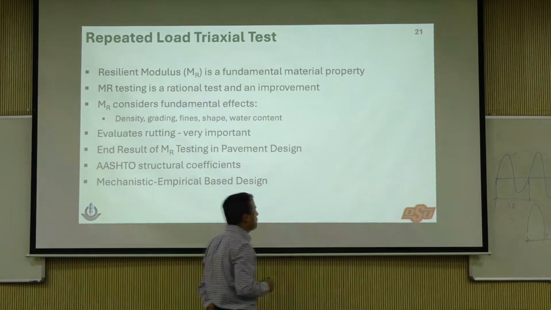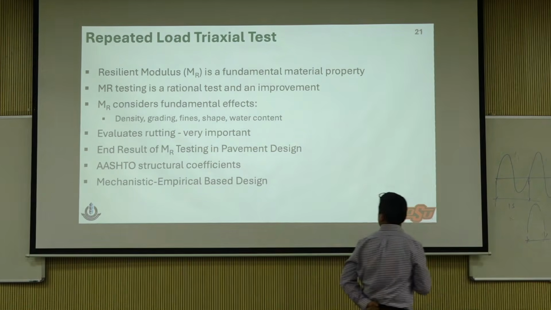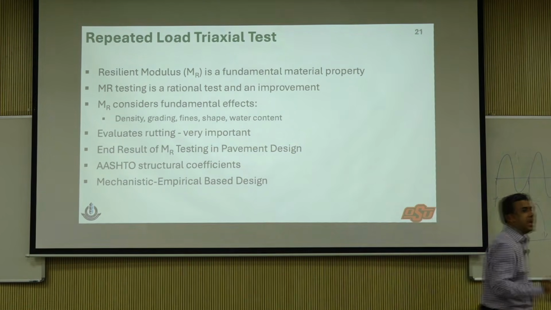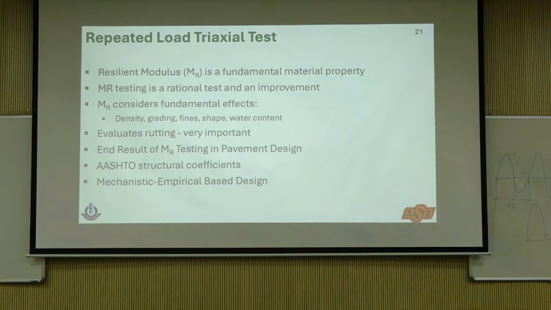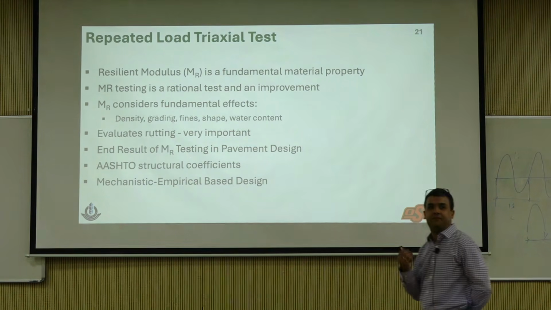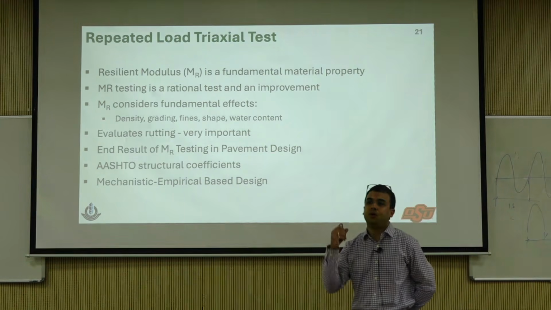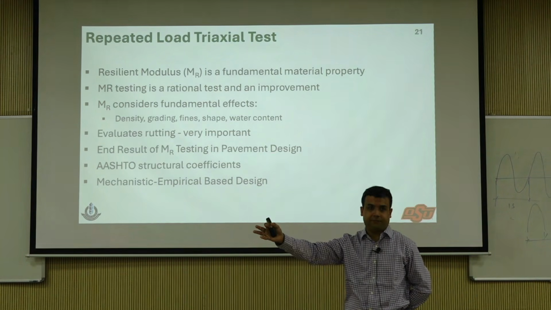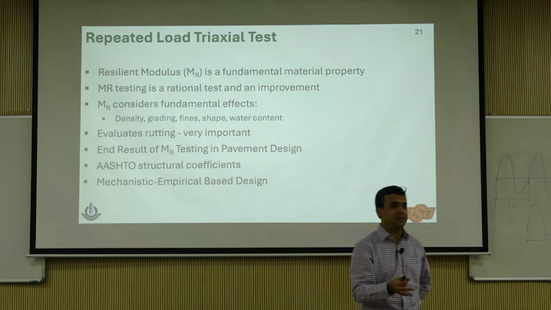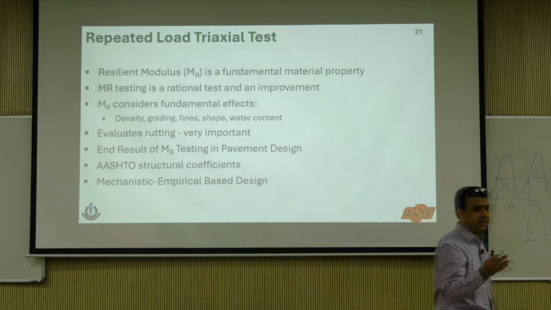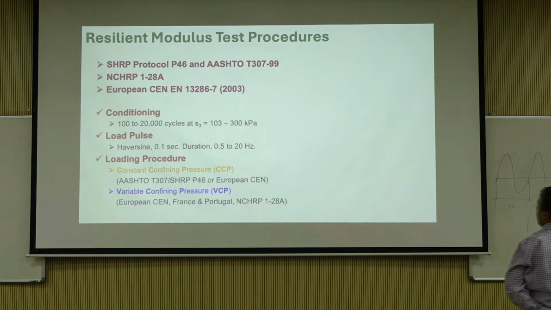It considers the effect of density, grading, fines, shape, water content, all of that. So you can actually represent your actual soil or aggregate, and then you test based on that, right? And the end result is you should provide a value to your pavement design or rehabilitation, saying this is what you have, and then you go from there.